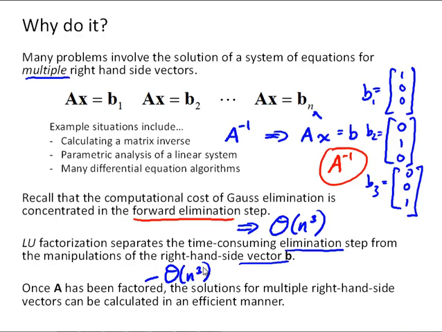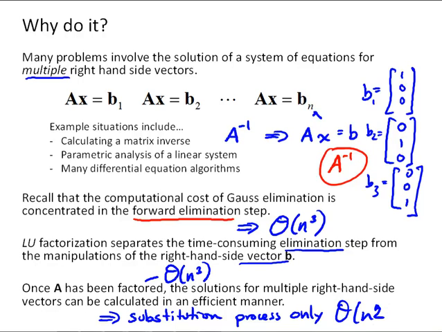Then we can solve for multiple right-hand side vectors using now two triangular matrices, and that's a substitution process only. So that's order n squared.